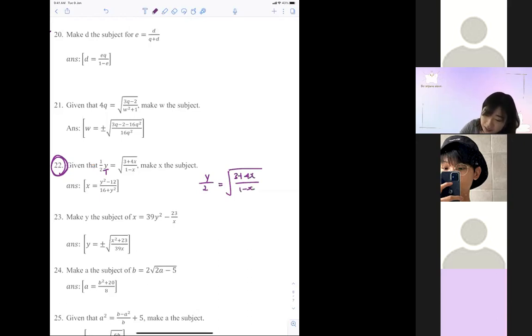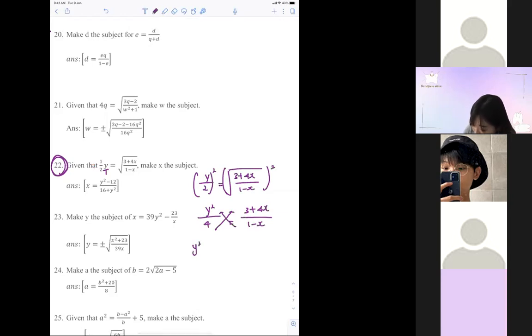Once you do this, then it's easier. All you need to do is to get rid of the square root by squaring both sides. Okay, then you will know what to do. Just cross multiply.